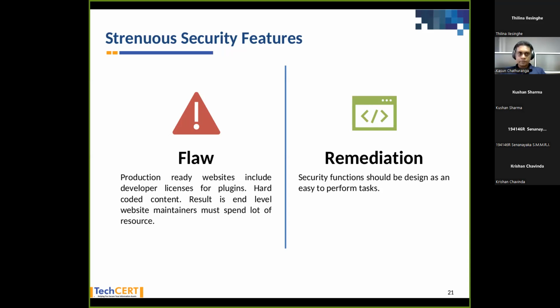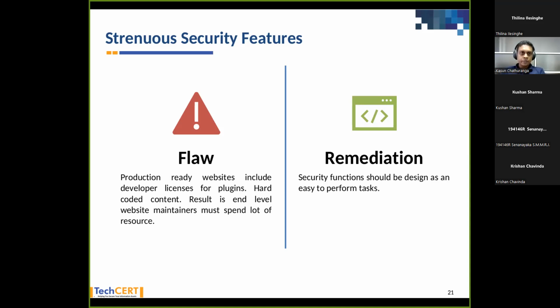Other thing is, any content or any key or anything you have used in the website should be able to be updated when necessary without going into a very deep understanding of the framework or a complex scenario.